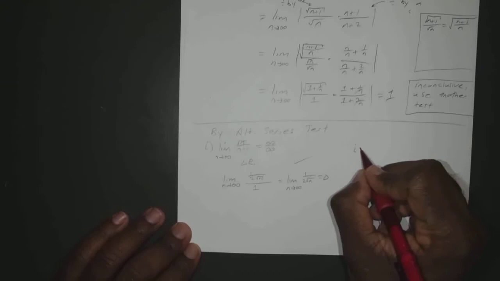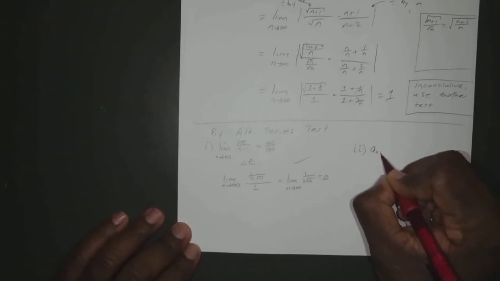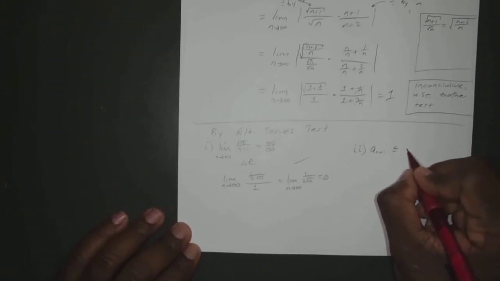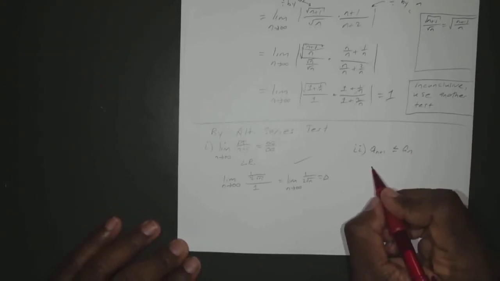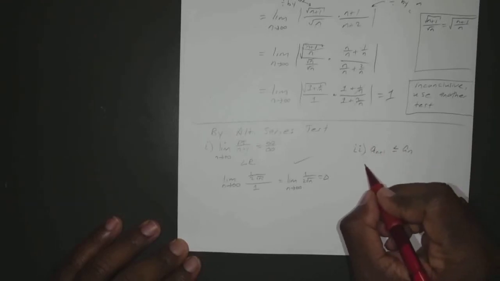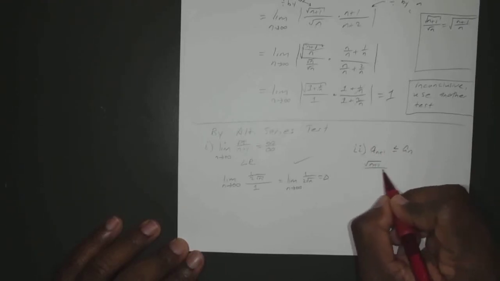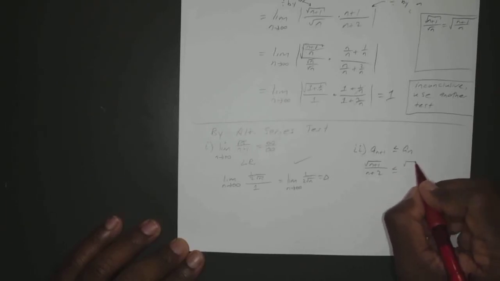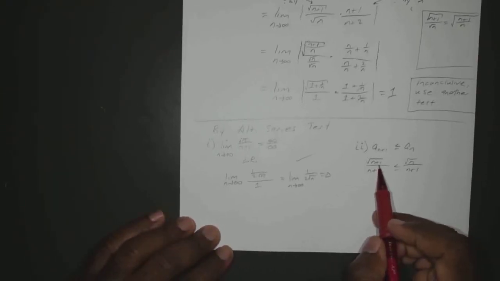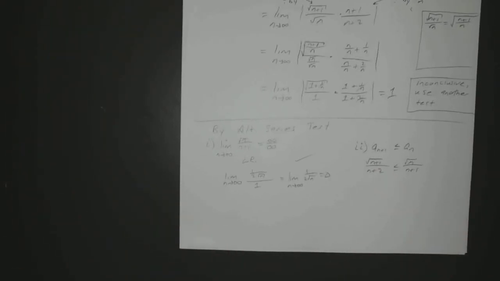So now our second condition, a sub n plus 1 has to be less than or equal to a sub n. Okay, so that means that our a sub n plus 1, square root of n plus 1 over n plus 2, has to be less than or equal to square root of n over n plus 1. Okay, so here you can kind of throw in some test values and see if it works out.